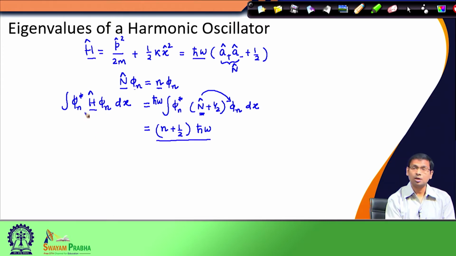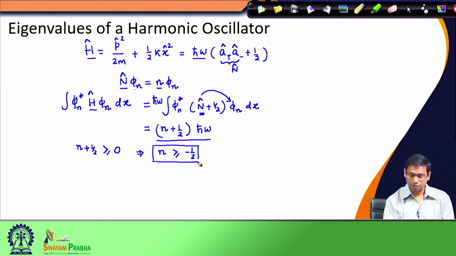Now, this Hamiltonian operator's eigenvalues are going to be real and positive. Therefore, we can say n plus half is going to be greater than or equal to 0. So, n is going to be greater than or equal to minus half. When we started defining our eigenfunctions of this operator n, we just said that let n be an eigenvalue.